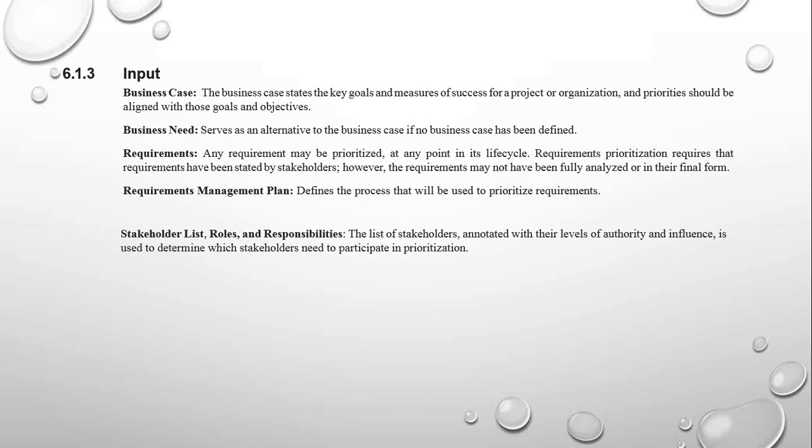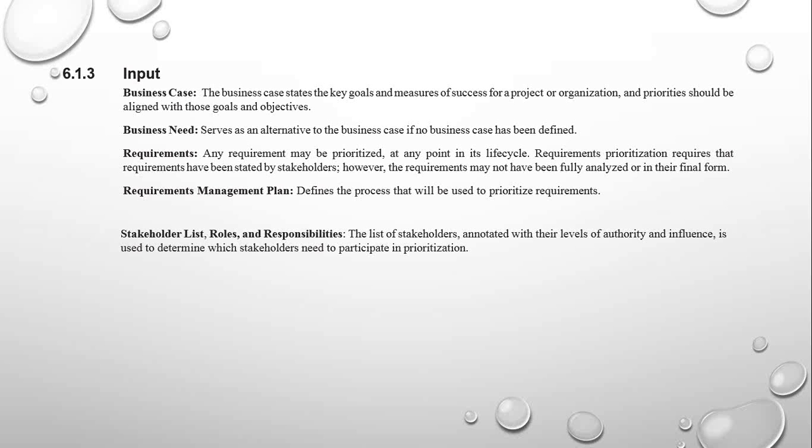Now for the business case, on a high level you need to understand how to make it and how to add value so that it becomes a goal, or is in line with the objective. As it says here, the business case states the key goals and measures of success for a project or organization, and priorities should be aligned with these goals and objectives.